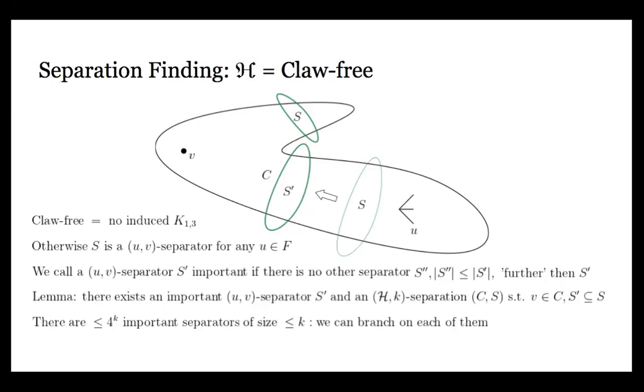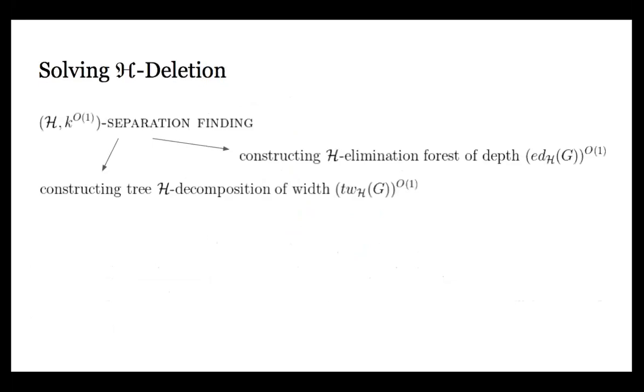By extending this idea and using some other properties of different graph classes, we can also use this observation to solve separation finding for planar graphs or chordal graphs or other graph classes in question.